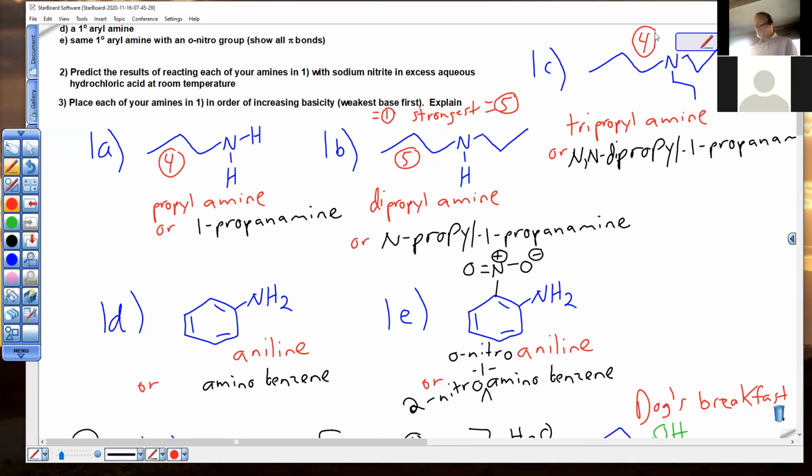And then I'll drop down to number 2 next. And that would be this one. Yeah, no 3 because 4 is tied. And the weakest base. It's a poor choice of numbering, isn't it? 1 sounds like strongest, doesn't it? Weakest is 1. And strongest is 5.